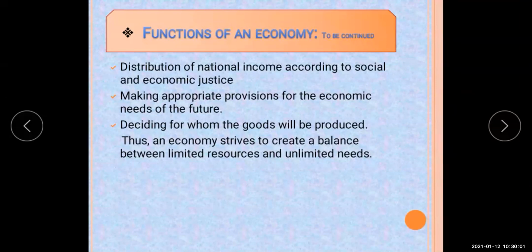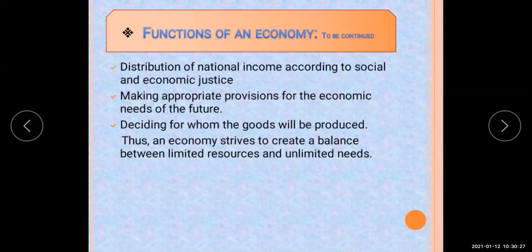So water's demand is more. Here the limited resource, for example, is water. Now it is in our hands how this resource is being used.